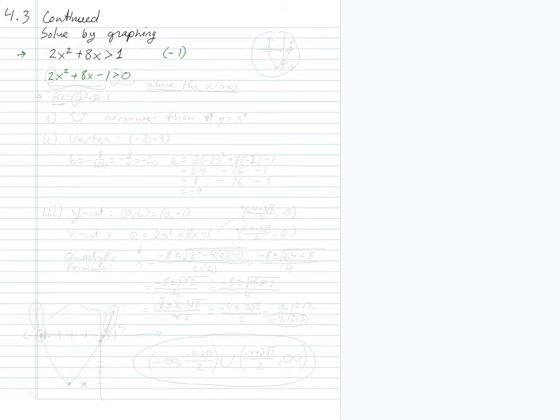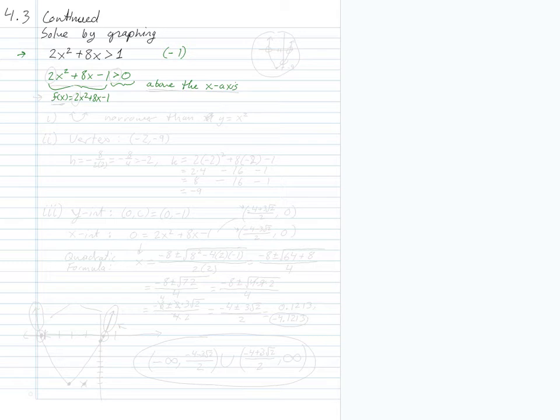Okay, so what I need to do is graph f of x equals 2x squared plus 8x minus 1, and then select the portion of that graph which lies strictly above the x-axis. Okay. So this one is not as easy to identify the graph as the last one.